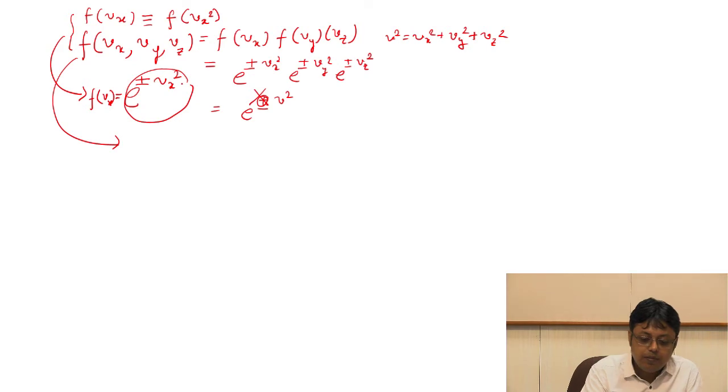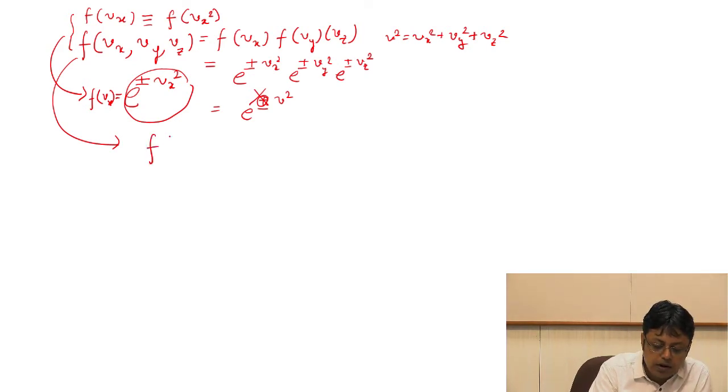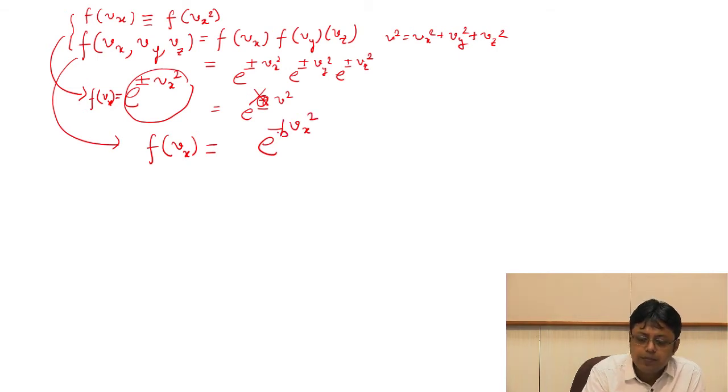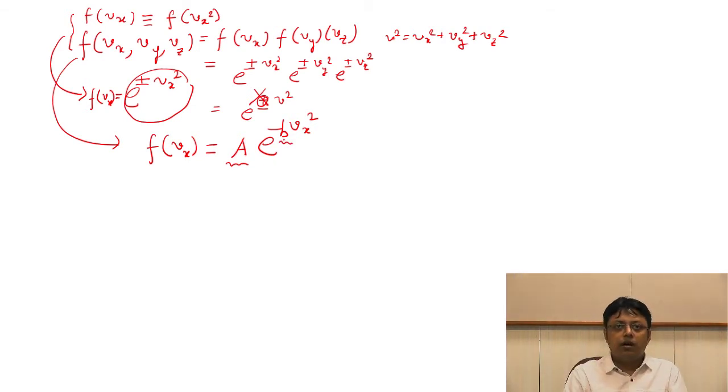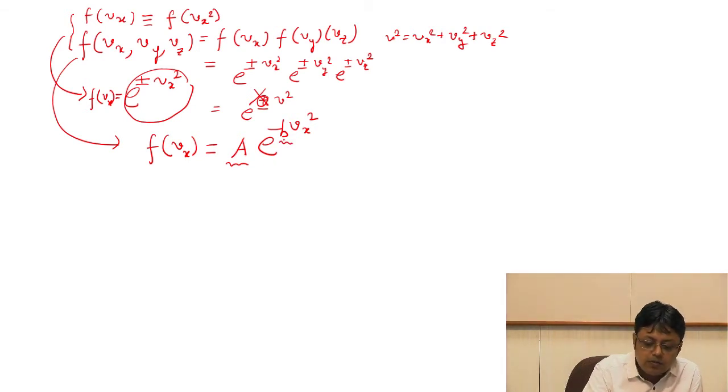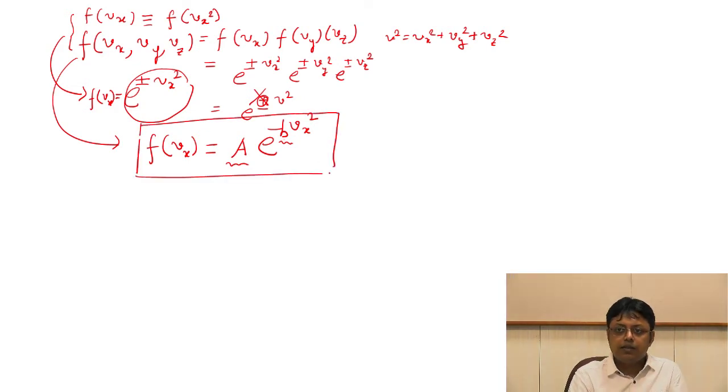So just by logic, we'll say that f of vx will have a form of e to the power minus vx square, but of course there will be some constants. We're just writing these as arbitrary constants, which we can evaluate later. So the functional form of f of vx will be nothing but a into e to the power minus b vx square.